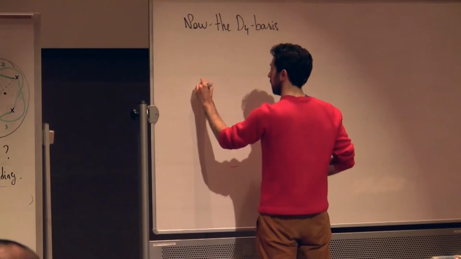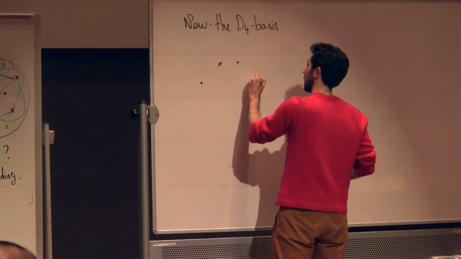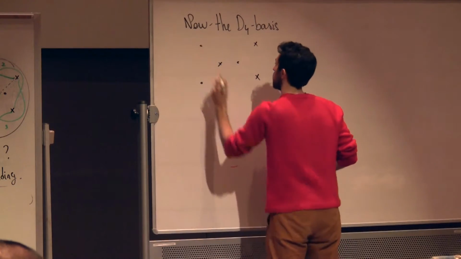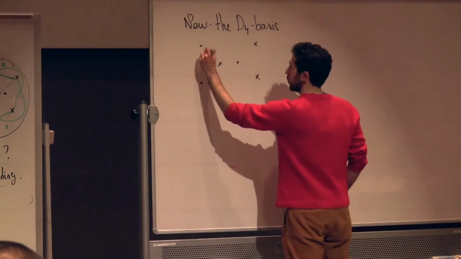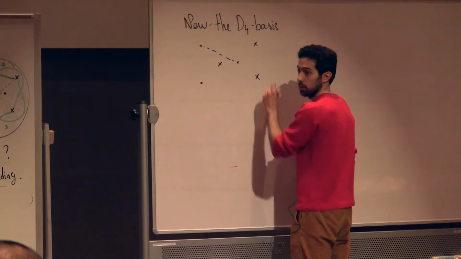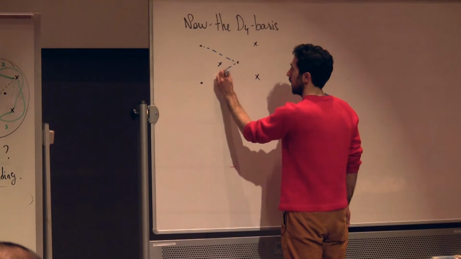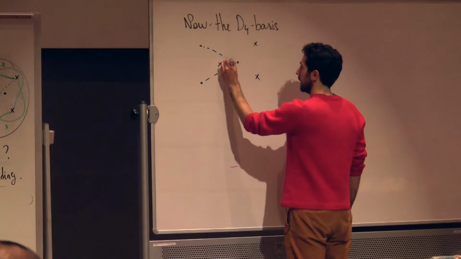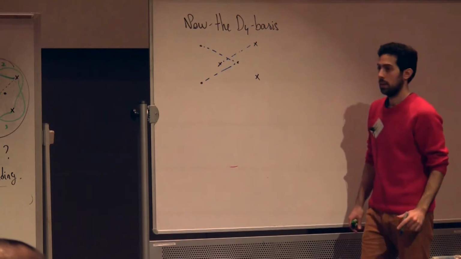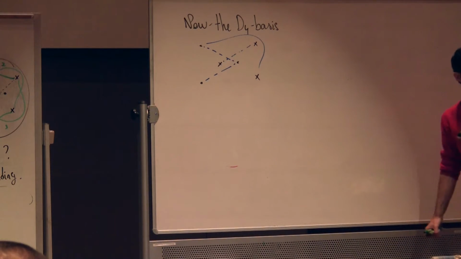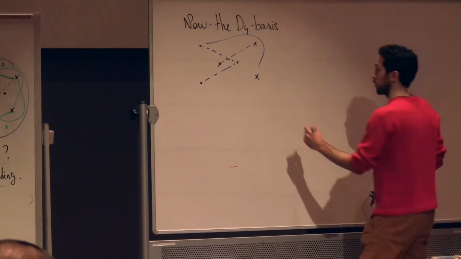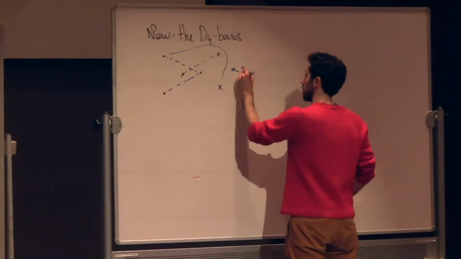We had point, cross, point. And here's one possible basis. One possible basis is to pick this vanishing cycle, this matching path, this other matching path, then this other matching path, and then pick that one around. That's one possible thing. So that's a D4 configuration, a D4 basis.